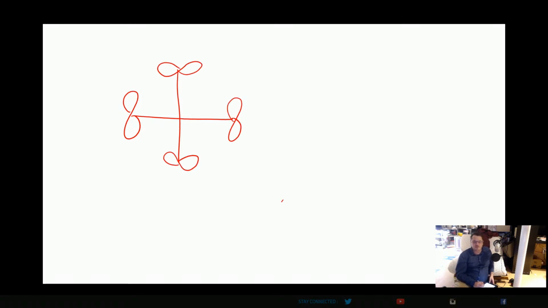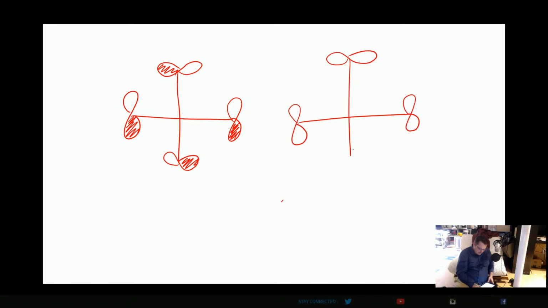Where you have all of these different orbitals right here that are all symmetrically related, but you can have one combination where things are phased like this, and then a different one where things are phased like this, and then there are other examples too.